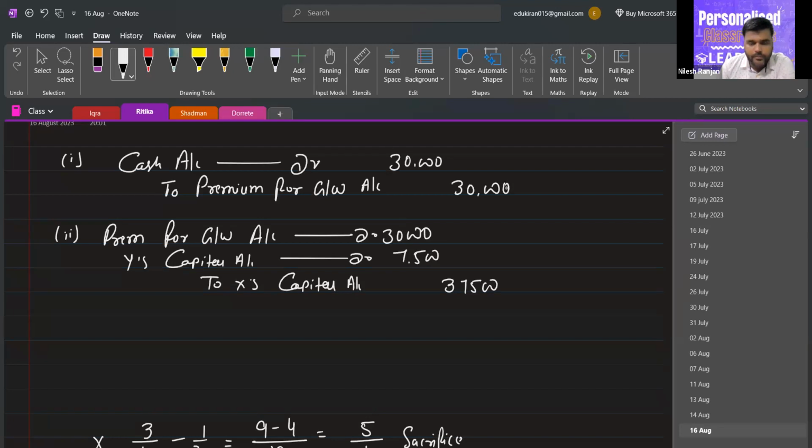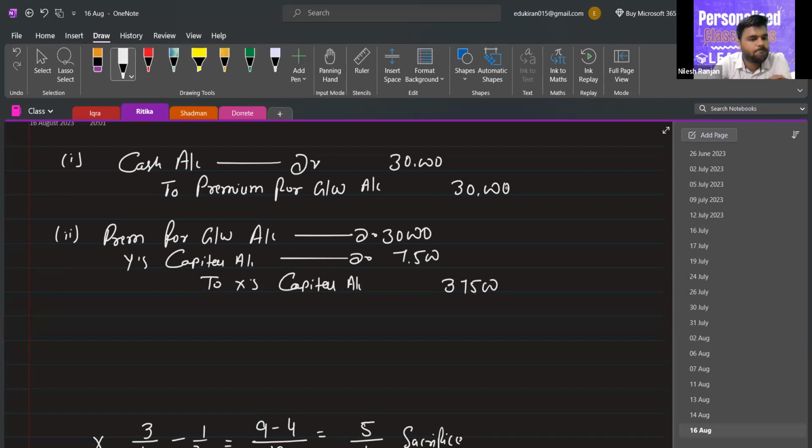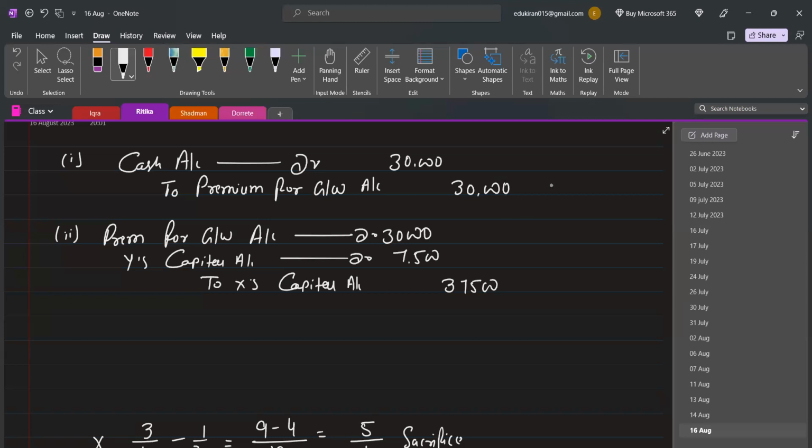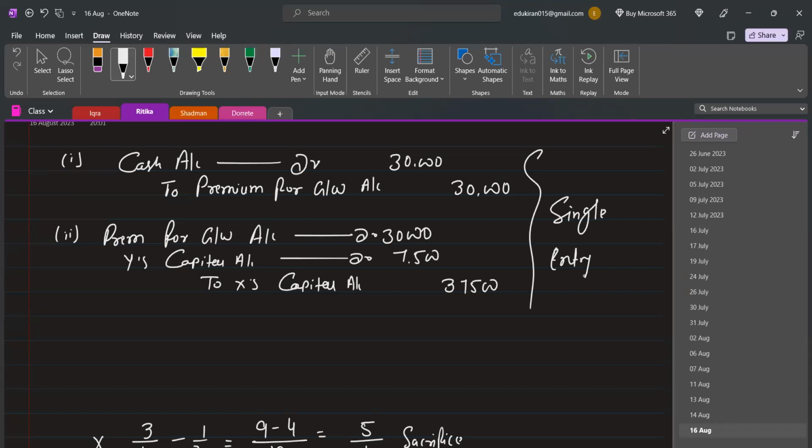Yes, sir. Is there any doubt up to this? No, sir. Okay. So now in the question, there is one extra line given. We have to pass a single entry, not two entries.